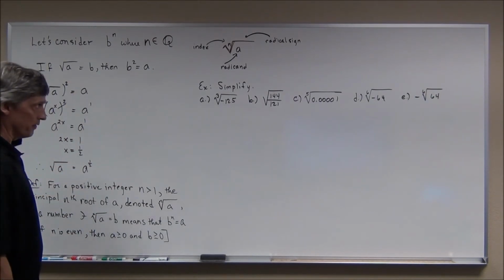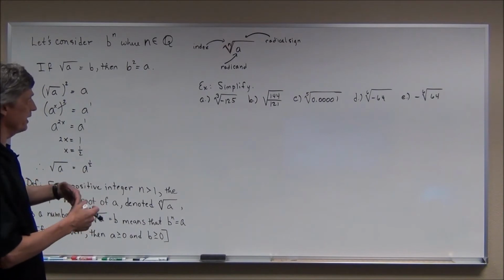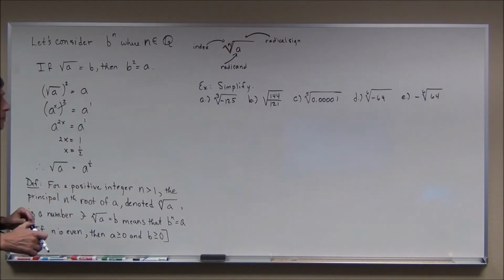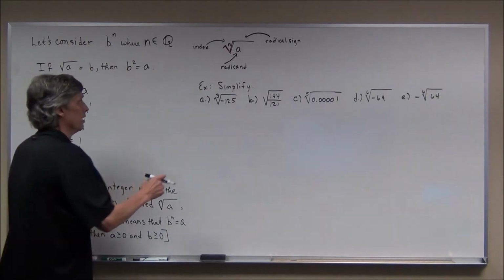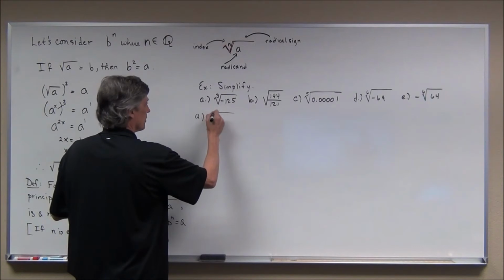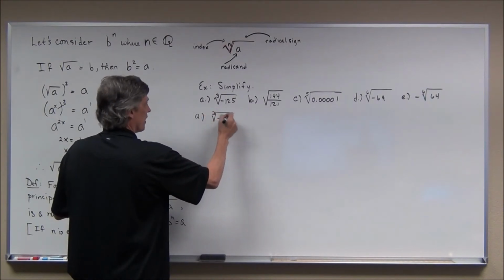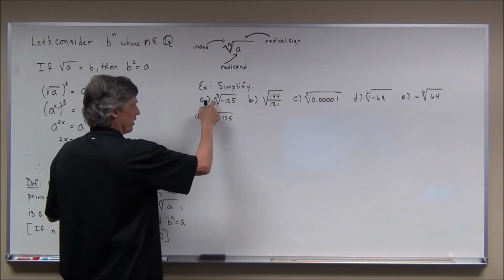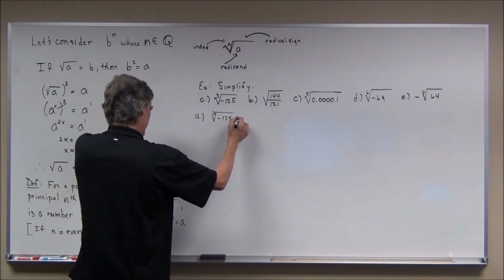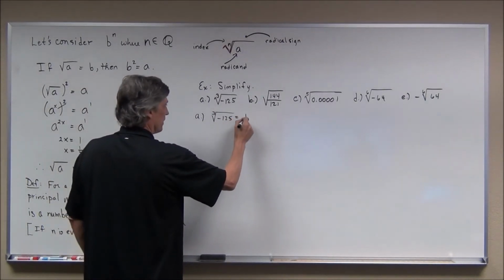So let's simplify these 5 expressions here, and then we'll tie together how these nth roots and rational exponents correspond. For the first one here, I am looking at the cube root of negative 125. You don't have to put the little corner on there, that's just a little bit of flair. The cube root of negative 125 has to equal something. Let's say it equals b.